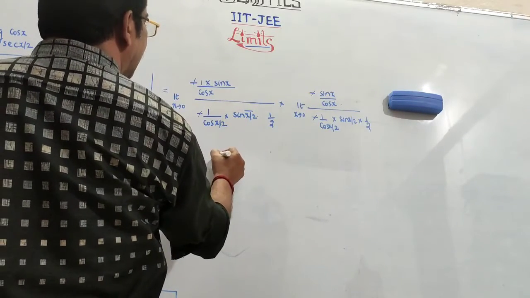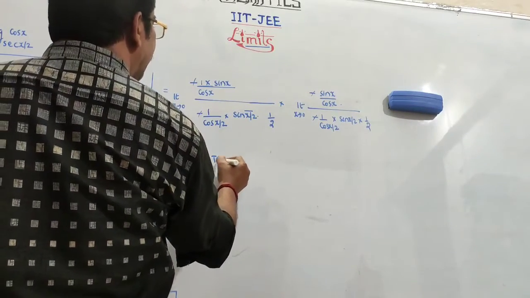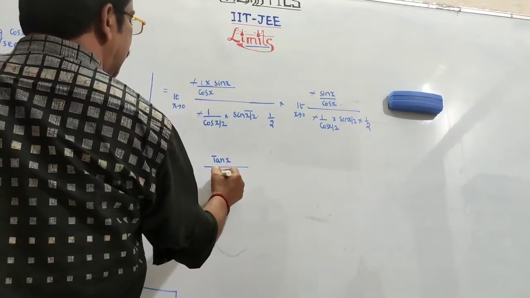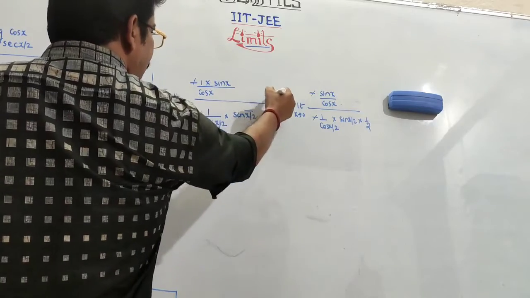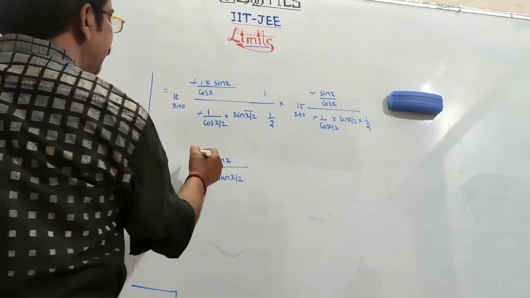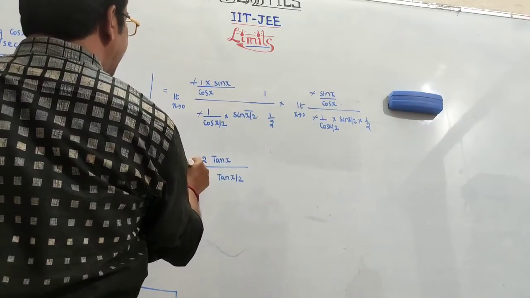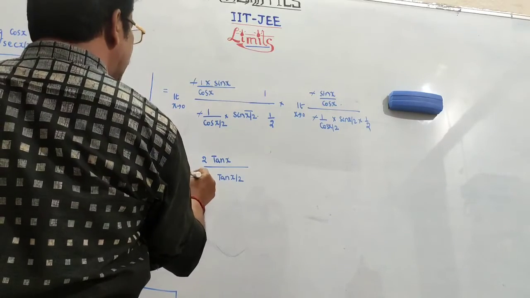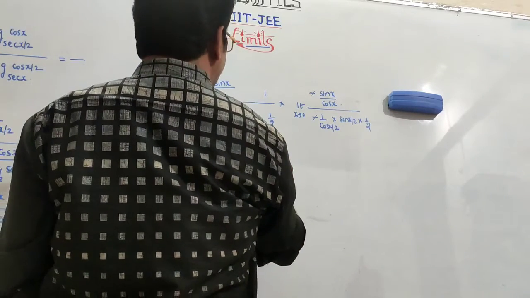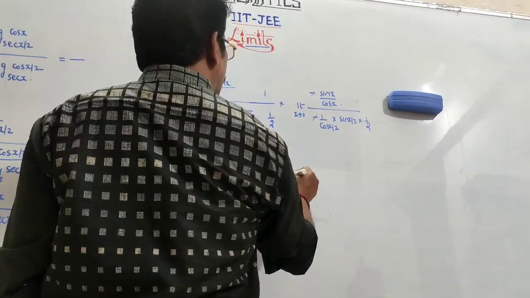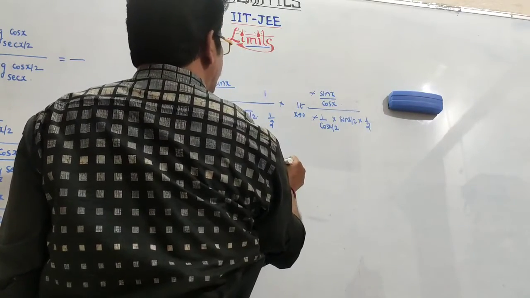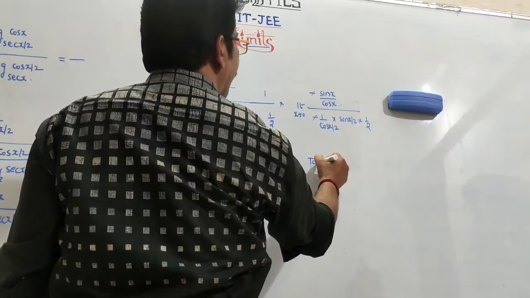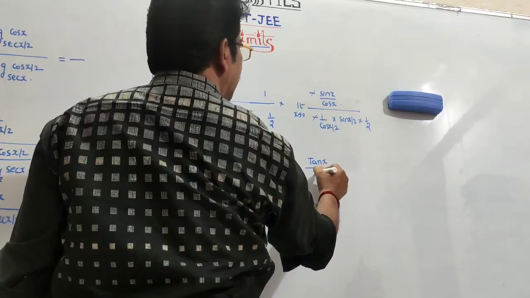Next, this is tan x divided by tan x by 2, and 1 by 2 means it is 2. Limit x tends to 0, into same, limit x tends to 0, 2 into same tan x by 2.